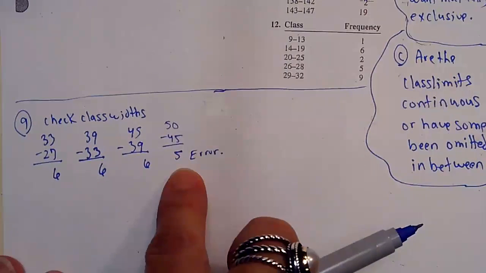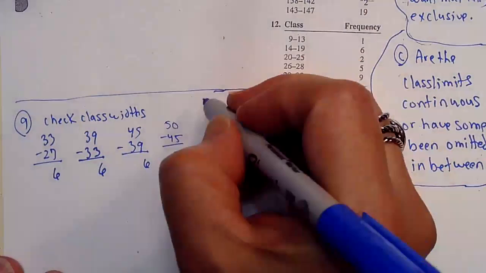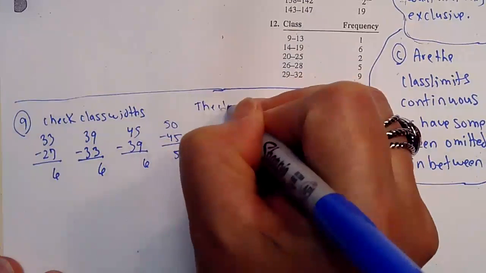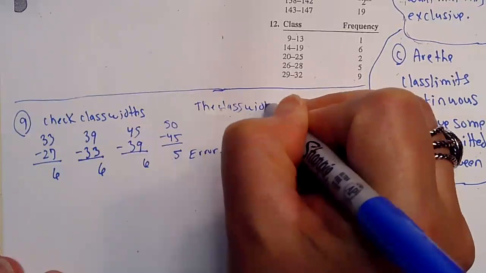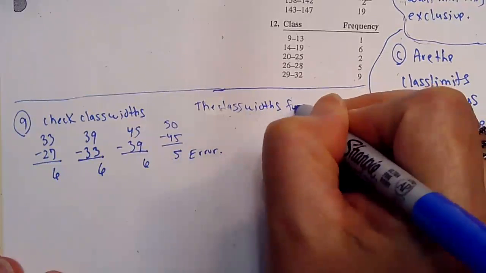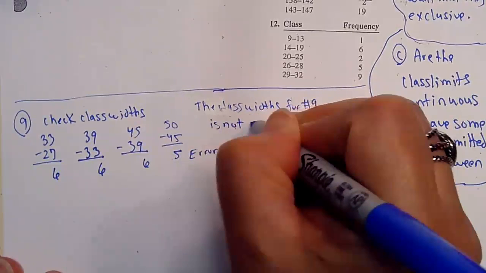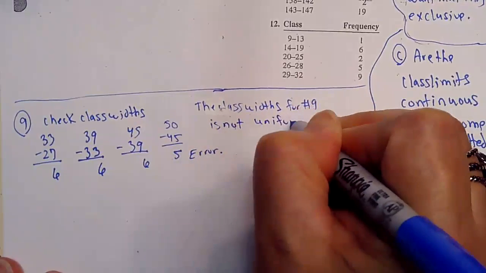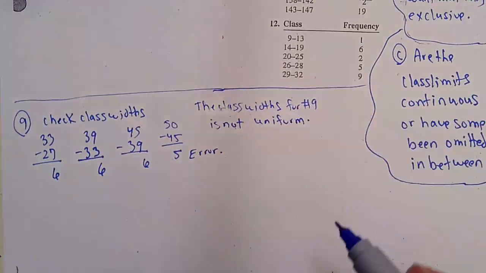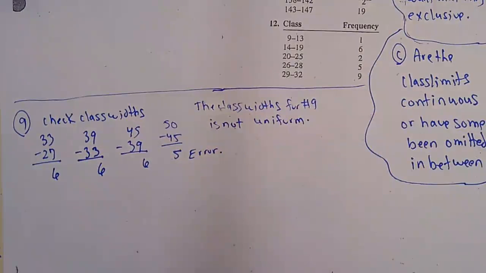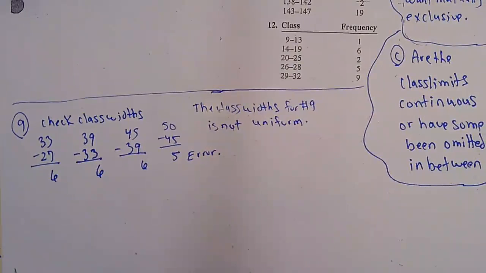This tells us that the class width for number 9 is not uniform. And that would be one reason.